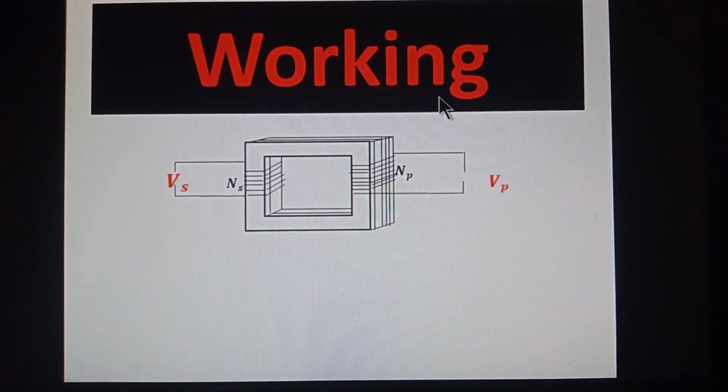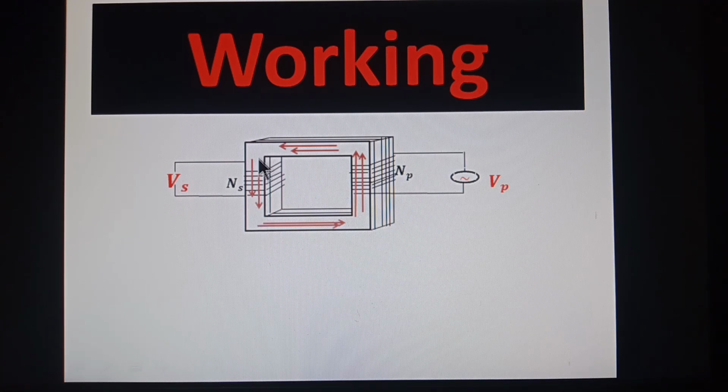How does it work? Students, when alternating voltage is applied across the primary coil, this produces a changing magnetic field in the core of the transformer, and this changing magnetic field is linked with the secondary coil.